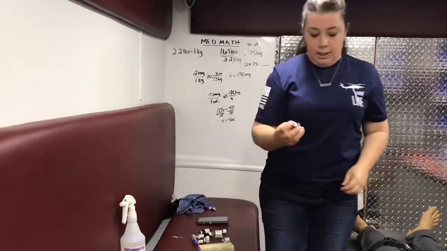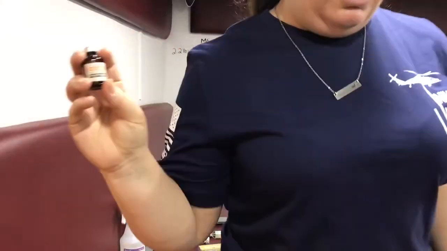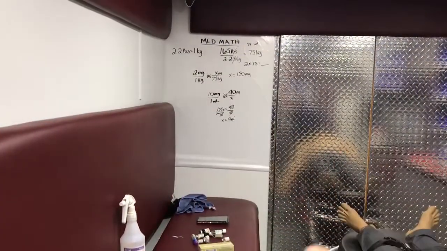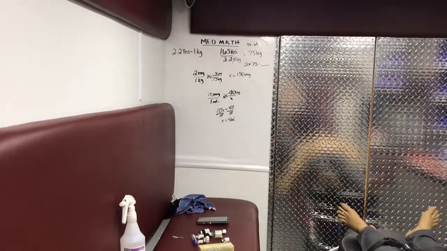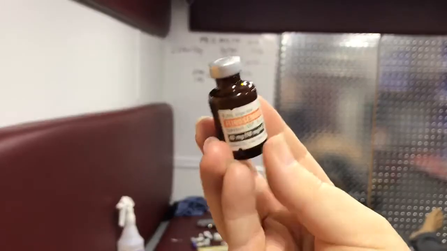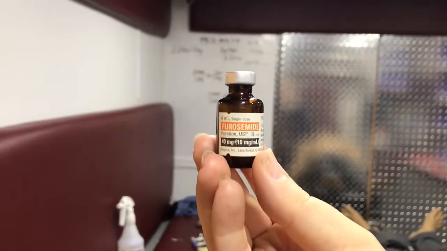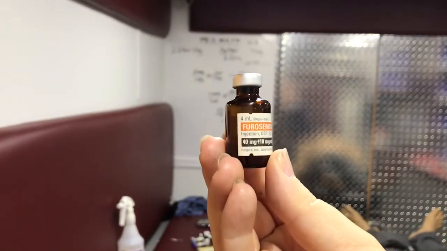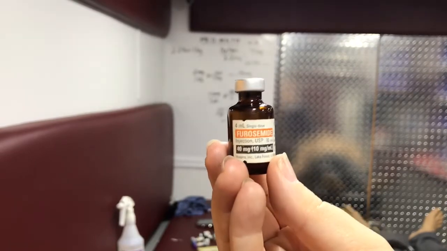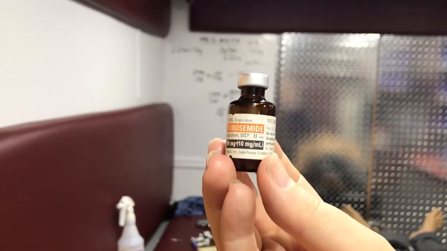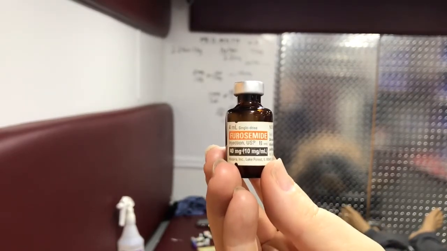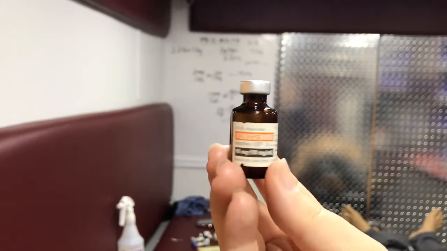So here is another vial of Lasix, so you can see the difference. So here's our furosemide. This is a 4 milliliter vial, and it contains 40 milligrams, and there's 10 milligrams per milliliter.